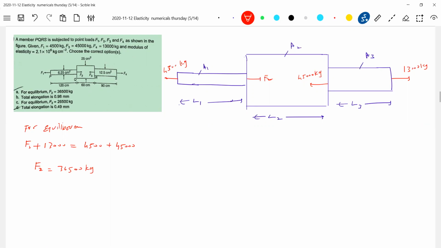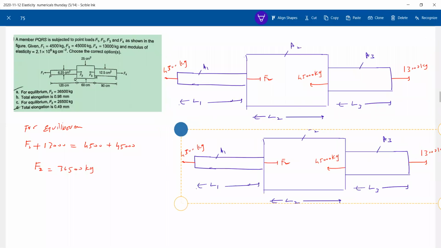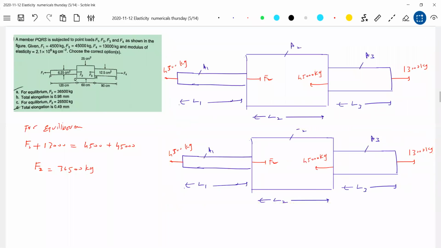How to calculate elongation? Total elongation is asked. So which layer will undergo elongation, which will undergo compression? Now what I do is 4,500. So here, I'll break it up. This will be 4,500. How much was F2?